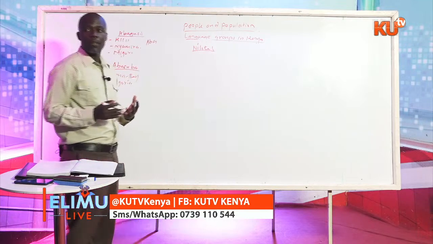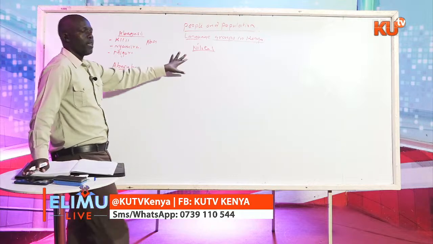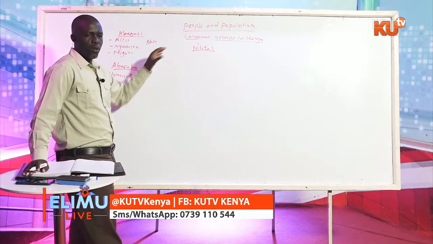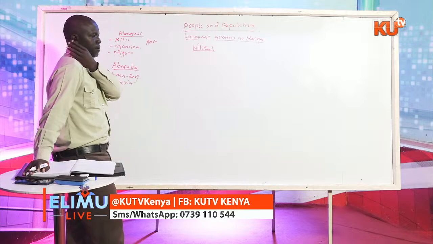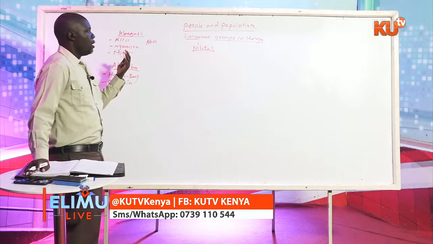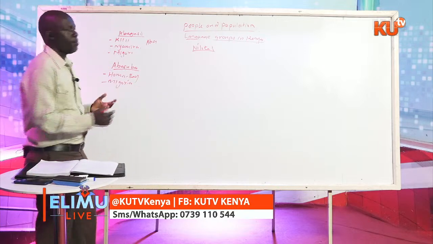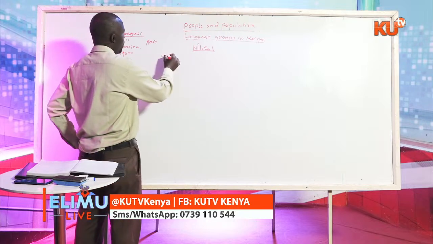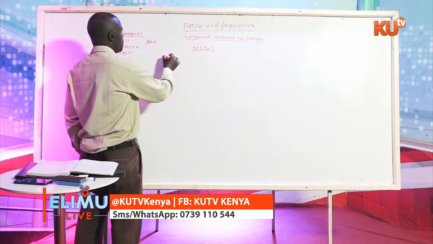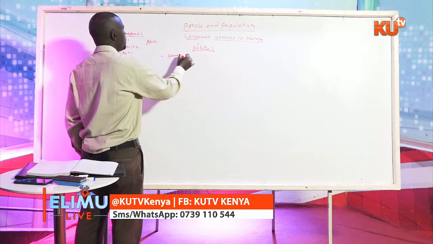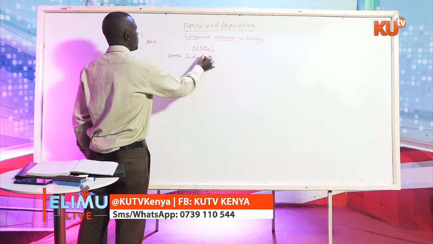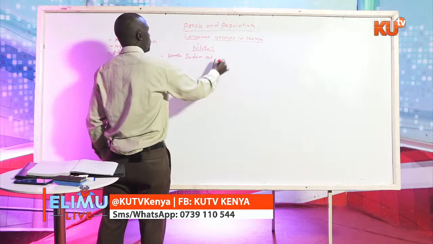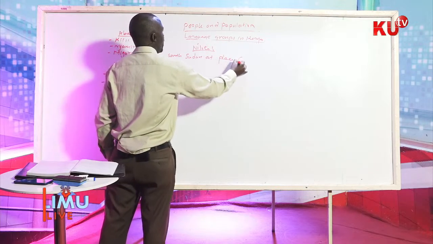So when we start looking at the Nilotes, we start by describing their economic activity. We also look at their origin. For example, the Nilotes are believed to have originated from South Sudan, at a place called Bahr el Ghazal.